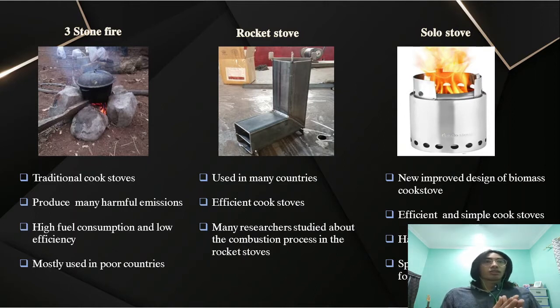The solar stove is almost a new improved design of biomass cook stove, and it is also very efficient and has a simple design. From the previous research, I learned that there is no specific study that has been done on this cook stove's combustion.